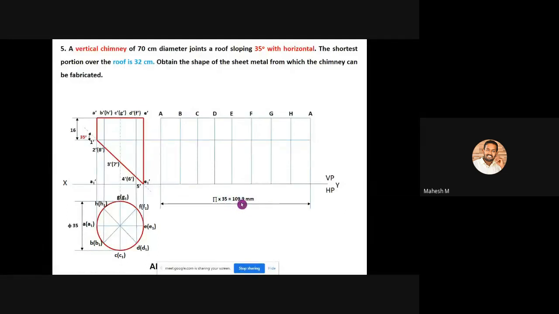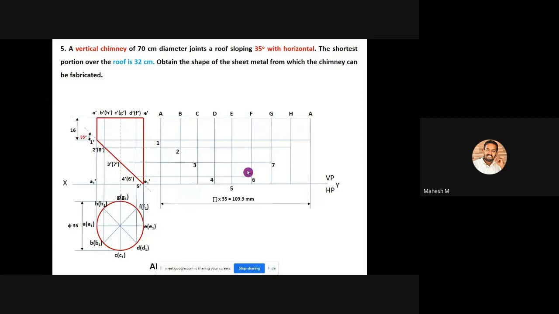Okay, so you can divide this 109.9 by the 8 portions. Okay, so you'll be getting a dimension of, I think it is 12 or 13 something, 13 mm. So you can create this particular gap with the particular dimension. Okay, so that is the procedure. Then finally you have to create all the cutting points.